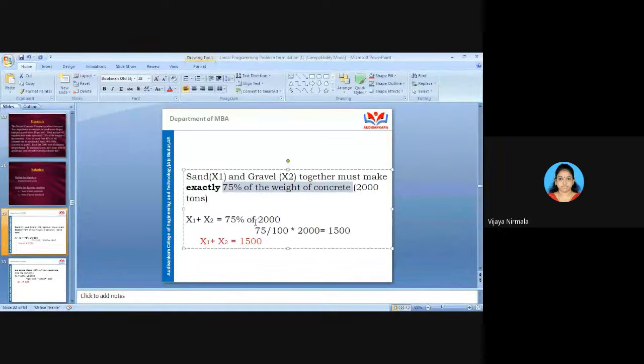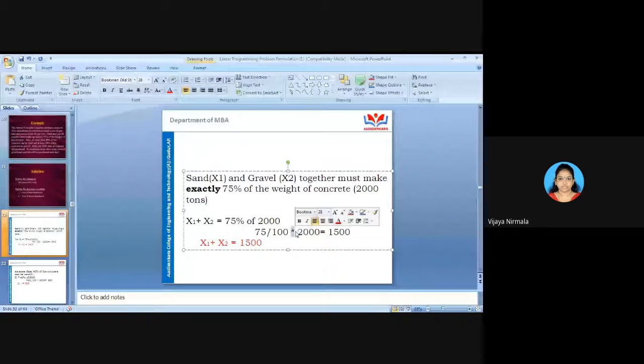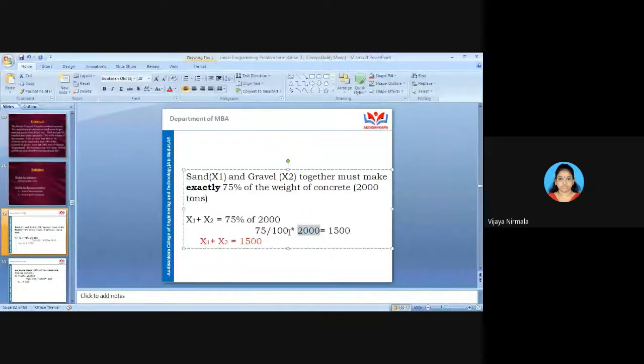75% of what is the weight here? 2000. Here it is 2000, right? So right now solve this one. 75% in the sense you can write it as 75 divided by 100 into 2000.